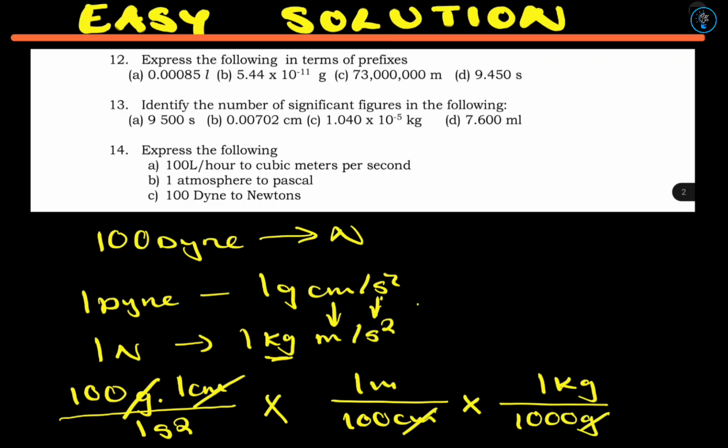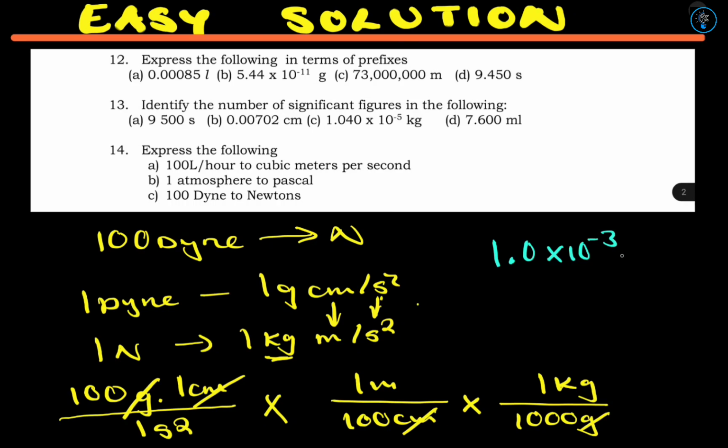Okay, let's punch it in. When you punch this in your calculator, it's 100 divided by 100, then divided by 1,000. You're going to get a value of 1.0 times 10 to the power negative 3.